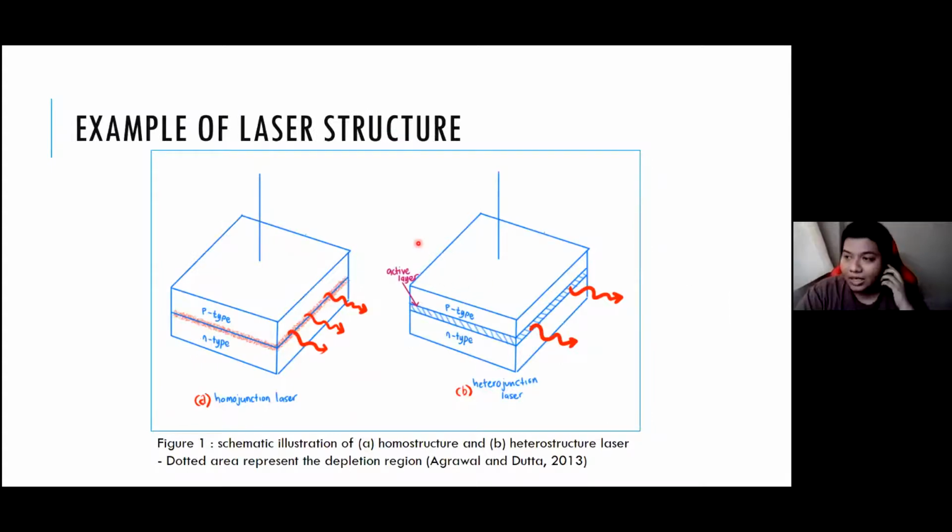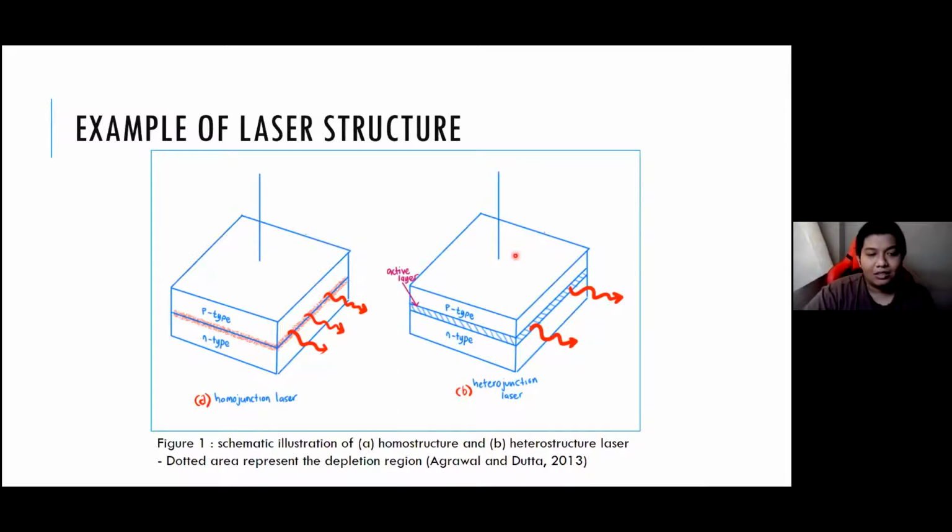So this is an example of laser structure. You can see there are two types of laser structure. The first one is the homojunction laser, where both sides are the same material.